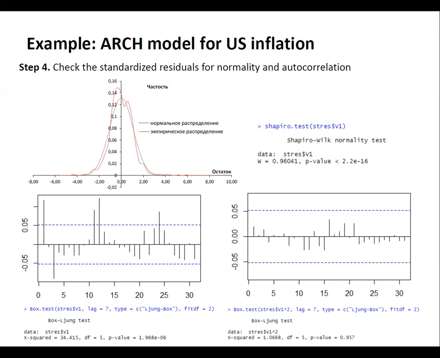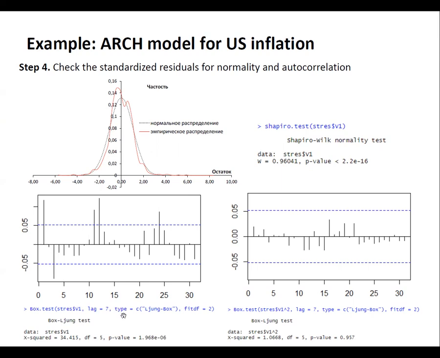Here the Ljung-Box test on standardized residuals without a square shows us that after applying the ARCH model, autocorrelation occurs in the residuals themselves. Here it is, you can see, this is our ACF. Here we have autocorrelation. This is not good. This is a violation of the theoretical purity of the model, but it is a property.